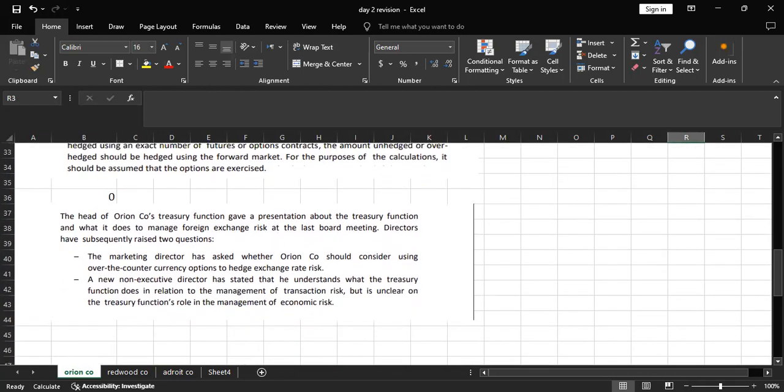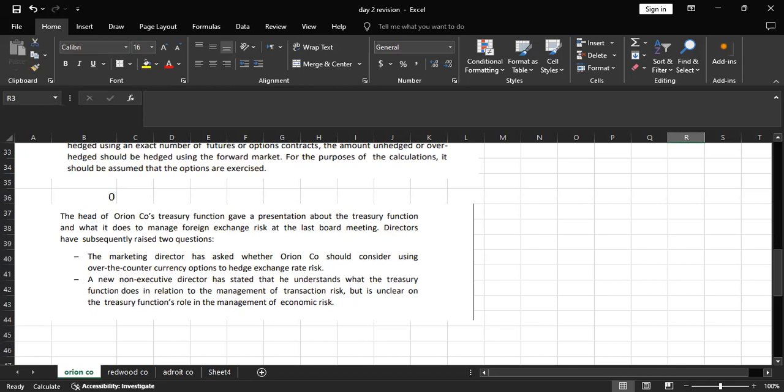Now, the head of the Orion Company treasury function gave a presentation about the treasury function and what it does to manage foreign exchange risk at the last board meeting. Directors have subsequently raised two questions. One is that the marketing director has asked whether Orion Company should consider using over-the-counter options to hedge the exchange rate risk.